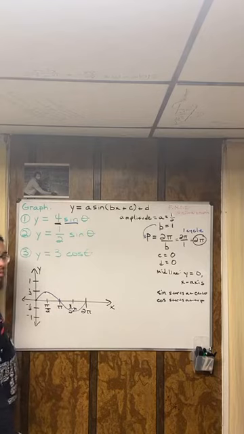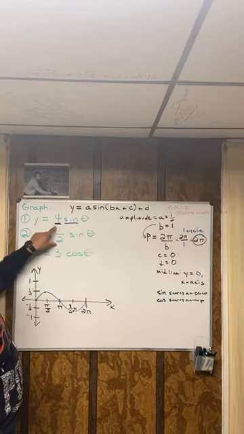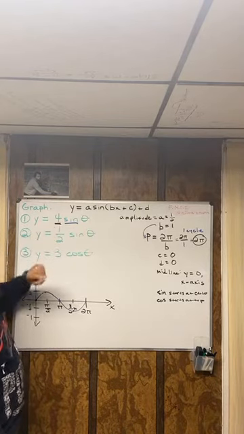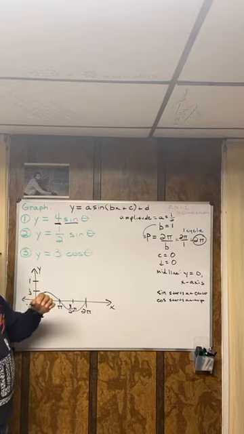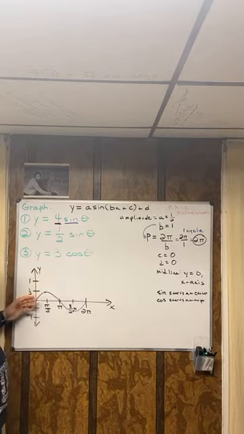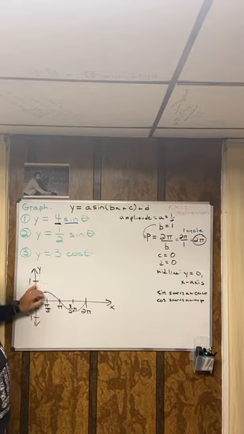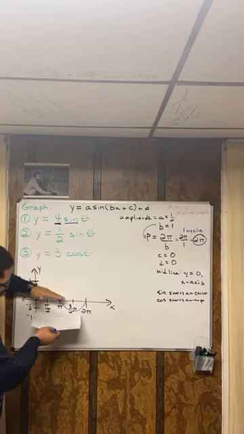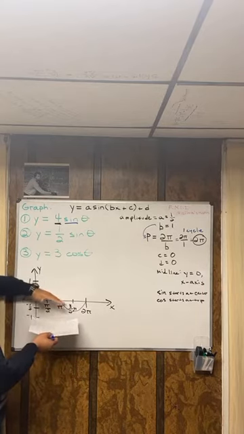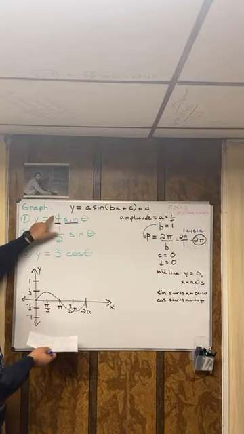Now notice, in this case, the amplitude is greater than 0 but less than 1. This represents what's called a vertical shrink. It's shrunk down, smashed. This other one is a vertical stretch because it's greater than 1.